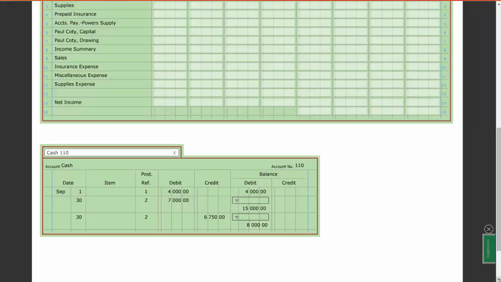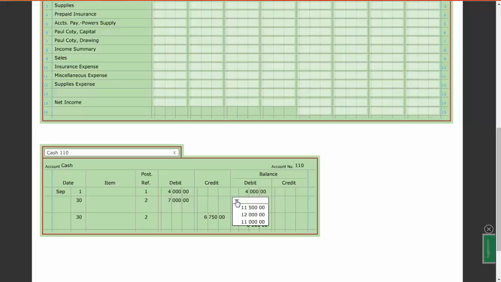Okay, so I wanted to point out the reason why we have two ledgers, the top and the bottom. The top one is the one that Paul Cody used. The bottom one is the one that we are going to fix. So let's go ahead through and do that first. We're going to start with each one of our ledger accounts, and we're going to go through and find and fix those mistakes. So I've got to have that calculator out. We already said 7,000 plus 4,000 is not 15,000.